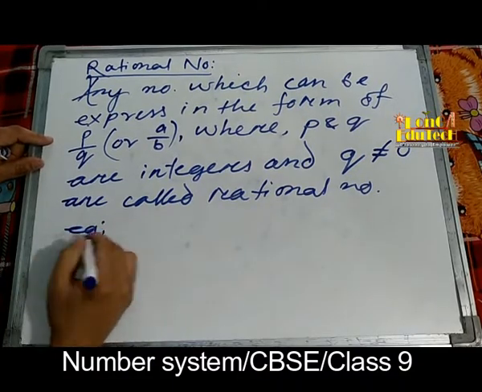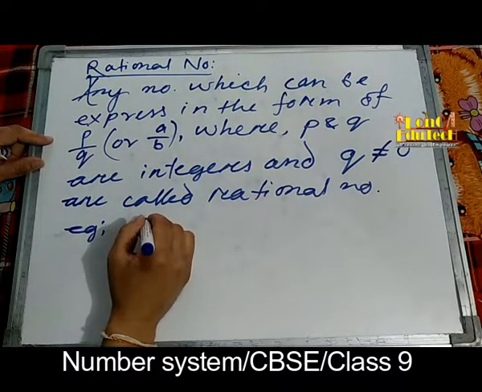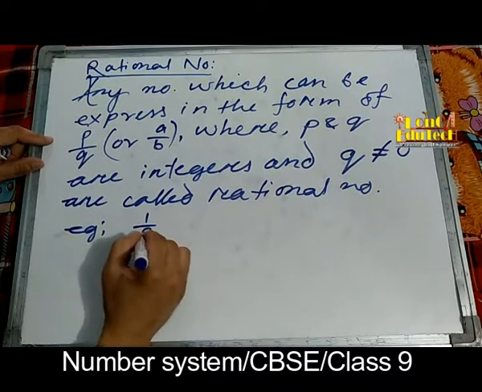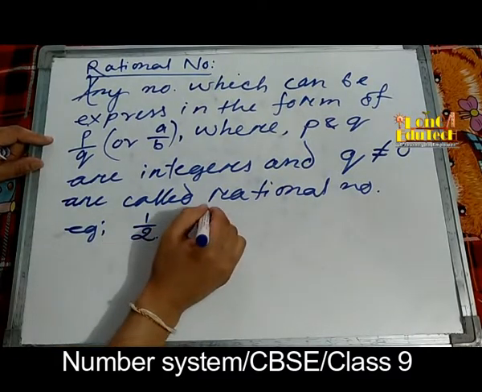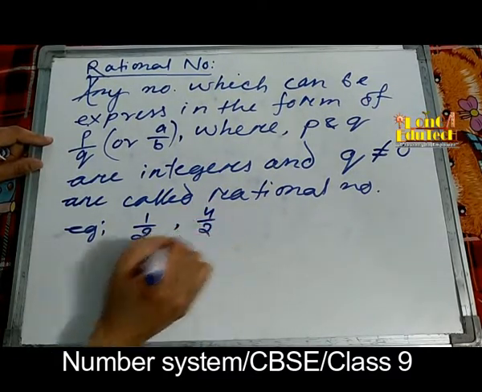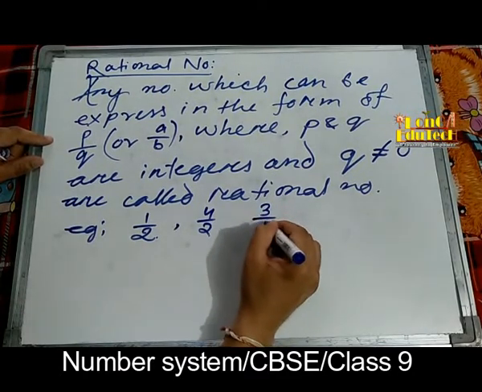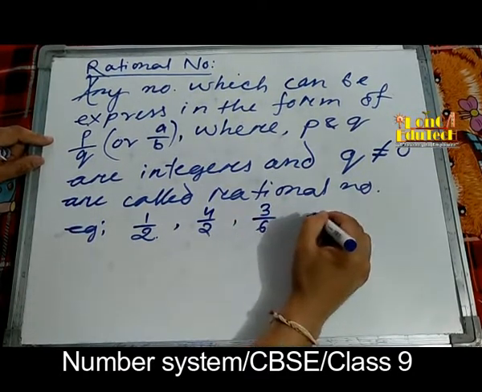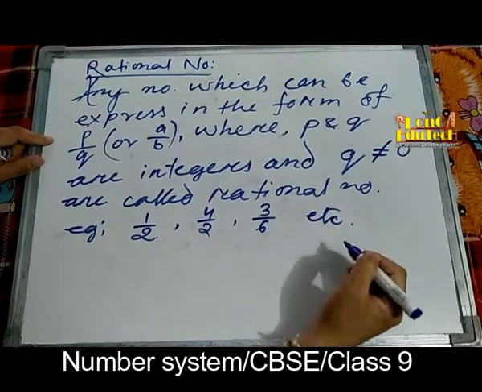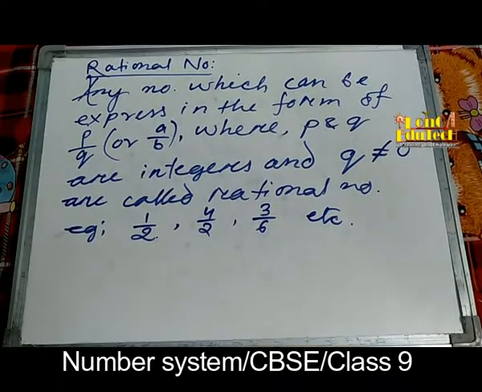Examples of rational numbers are 1 by 2, 4 by 2, 3 by 6, etc. So these points we have to know. These are the rational numbers.